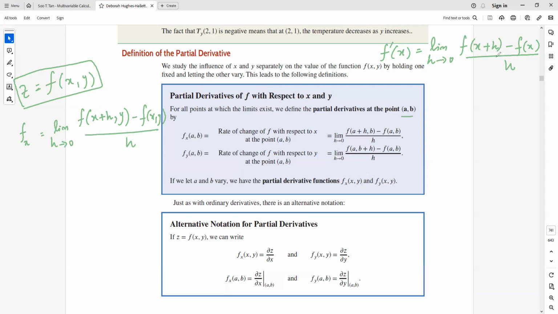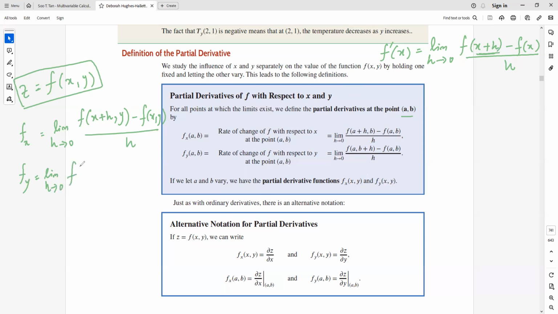There we have only a function of x, therefore the increment is in the x direction, and there is no y direction, therefore there is no y here. But in this case we have y as well with x plus h, and then here we have a function of x y. So this is the standard way to write the derivative in the case of a two variable function.